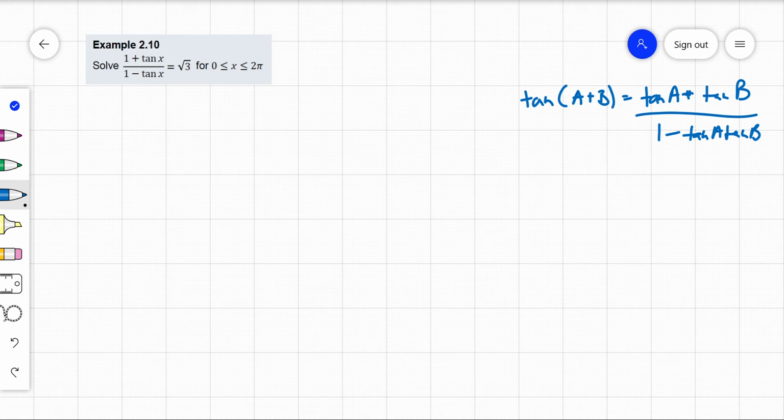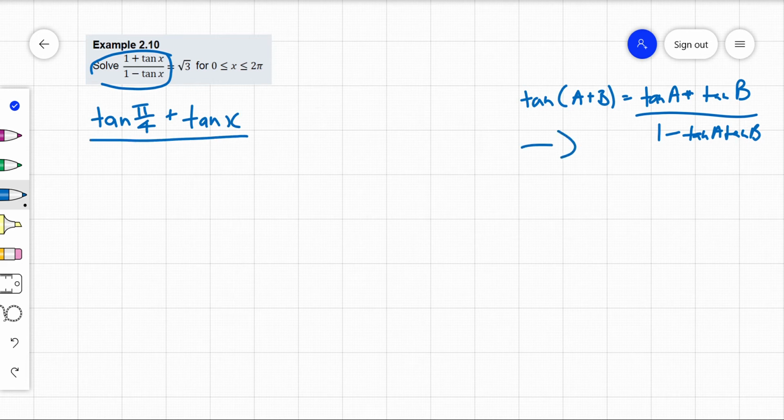But when we look at this, you might be able to see that we can use compound angles here, because instead of 1 we know that tan pi on 4 is 1. So if we rewrite that 1 as tan pi on 4 plus tan x, then I want 1 minus, oh, I've already got 1 minus, awesome.